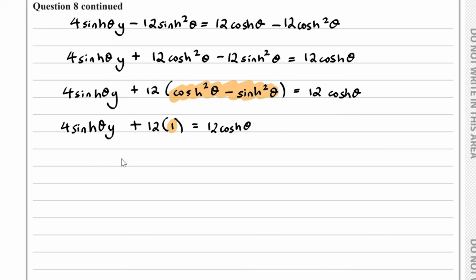So we have 4 sine theta y equals 12 cos theta minus 12.